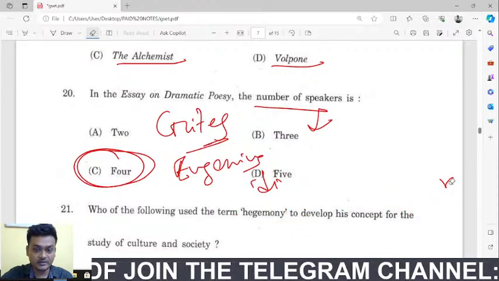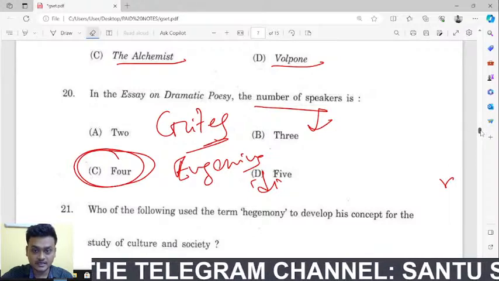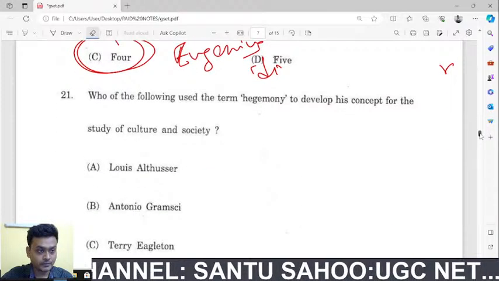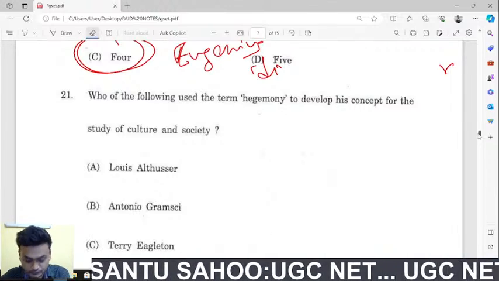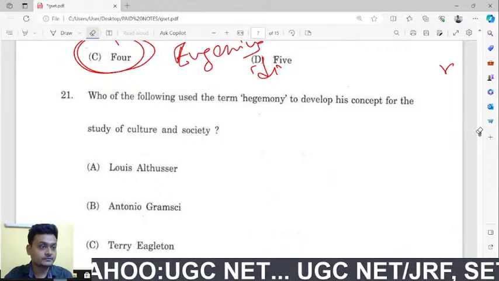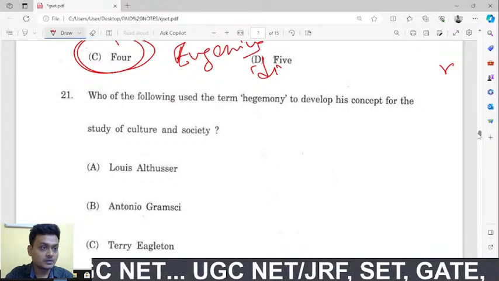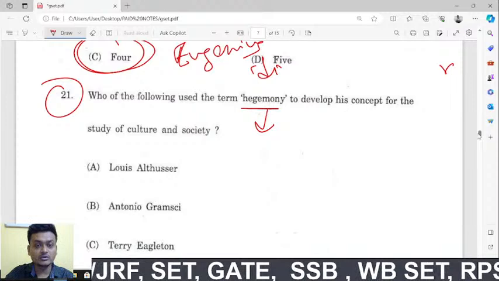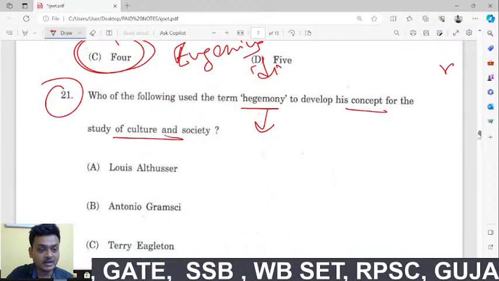Now here is question number 21. Who of the following used the term hegemony to develop his concept for the study of culture and society?